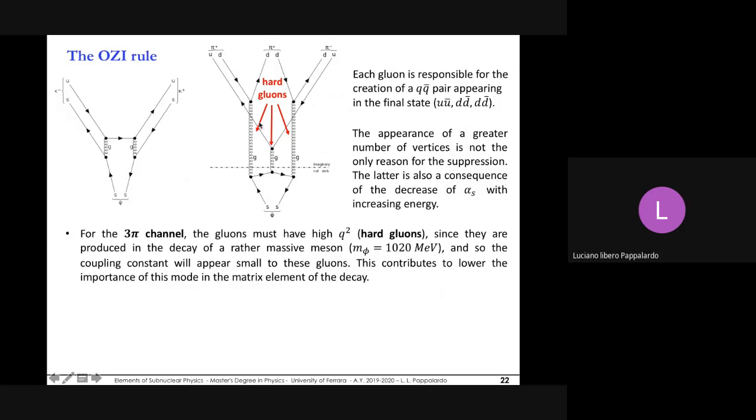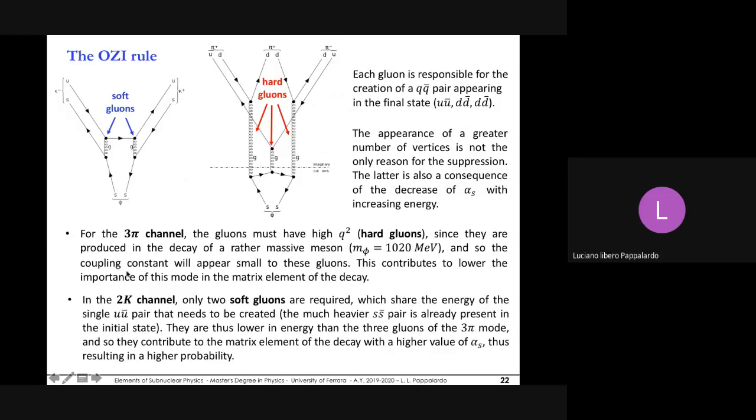The mass of the meson is essentially distributed in terms of the energy of these gluons, which are of order 300 MeV each, so quite hard. Since it is a high energy process, the coupling constant will appear small to these gluons because it is running. And this contributes to lower the importance of this mode in the matrix element of the decay.